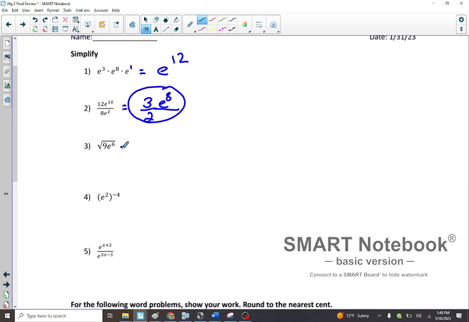Next one, when you square root something, you could separate the square roots. So square root of 9 is obviously 3. But over here, e to the 6th power square root is the same as e to the 6th power to the half power. And we have a power to a power.